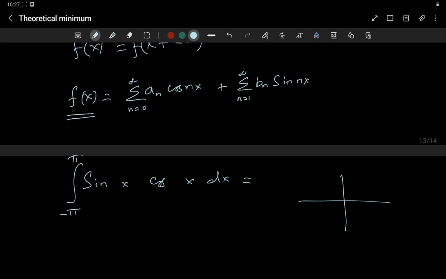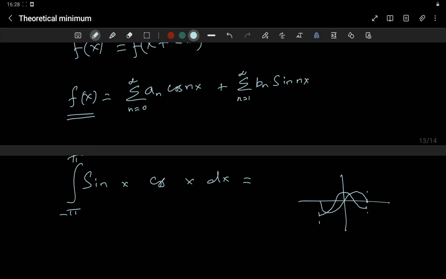You could also see that through a graphical representation. Between minus pi to pi, sin x is going like this, and cos x is going something like this. Now if you see, say between 0 to pi by 2, the contribution is positive for the integration, and from pi by 2 to pi, the contribution is negative, but the magnitude is the same.